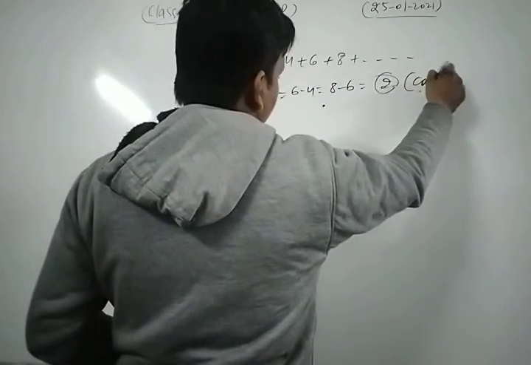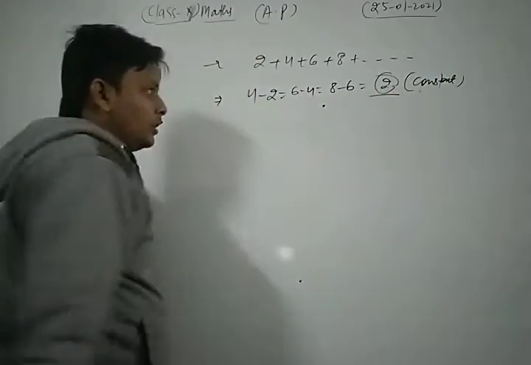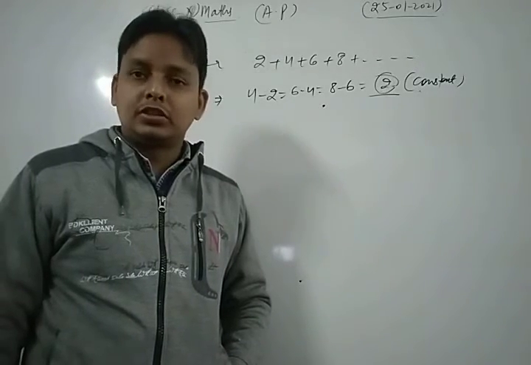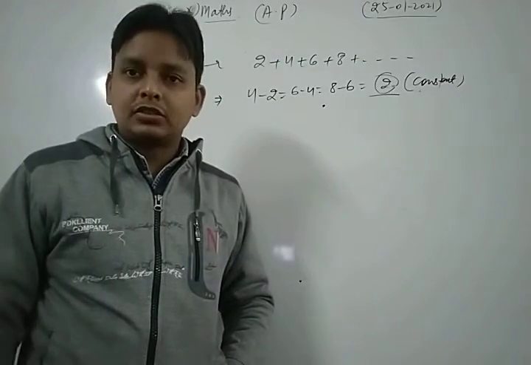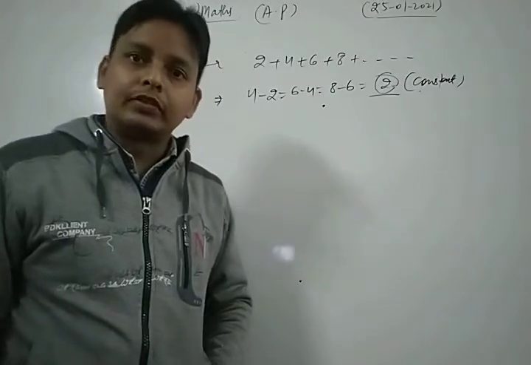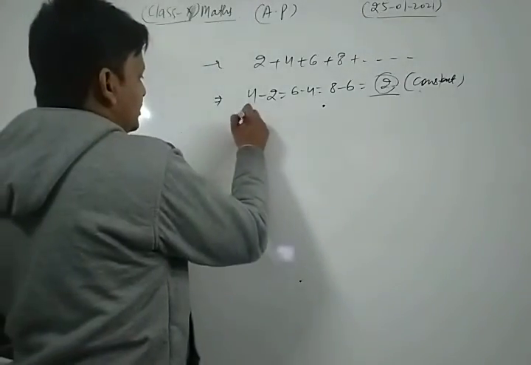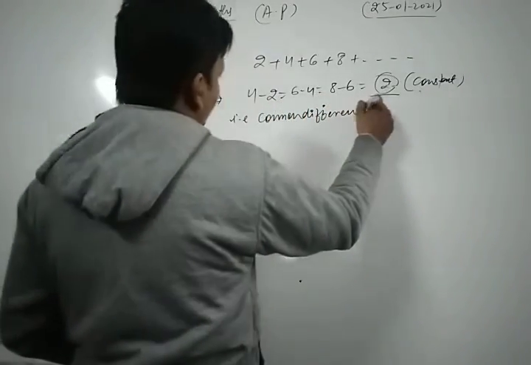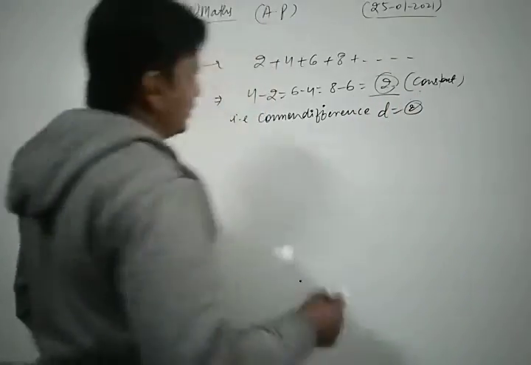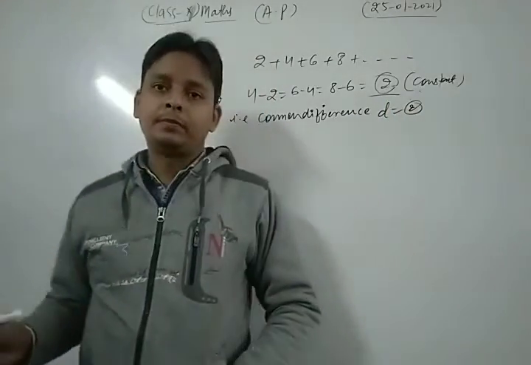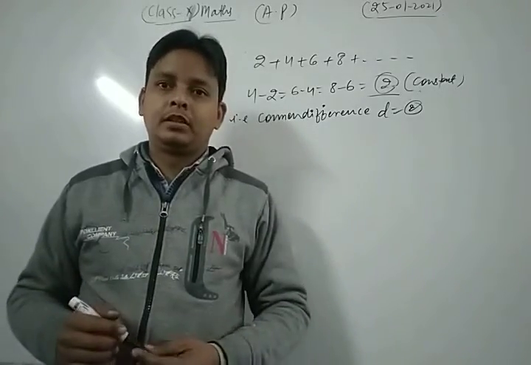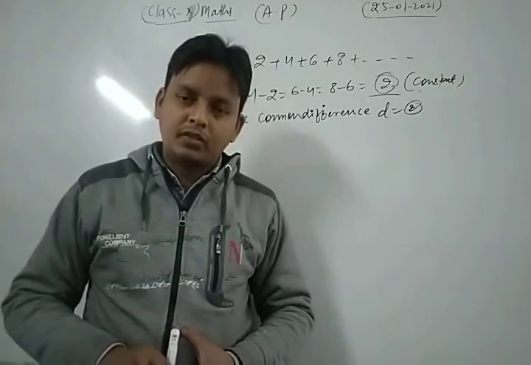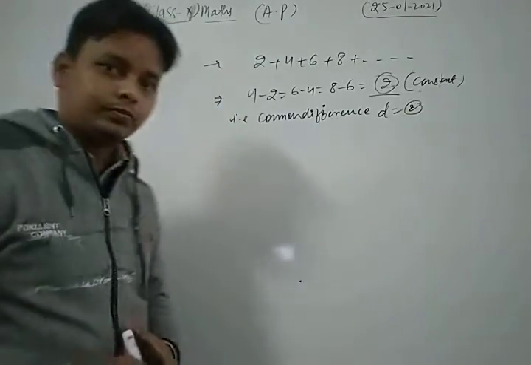This is constant, and this constant value is known as the common difference D. So we can say that if in any progression the common difference is the same, then it is said to be an arithmetic progression.